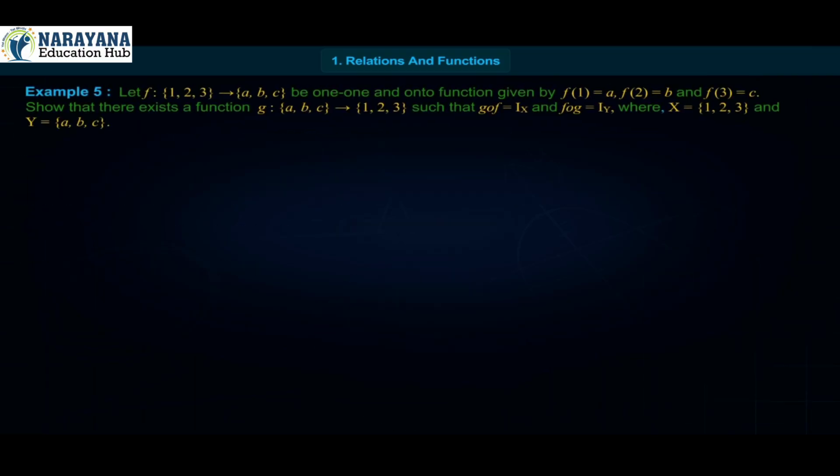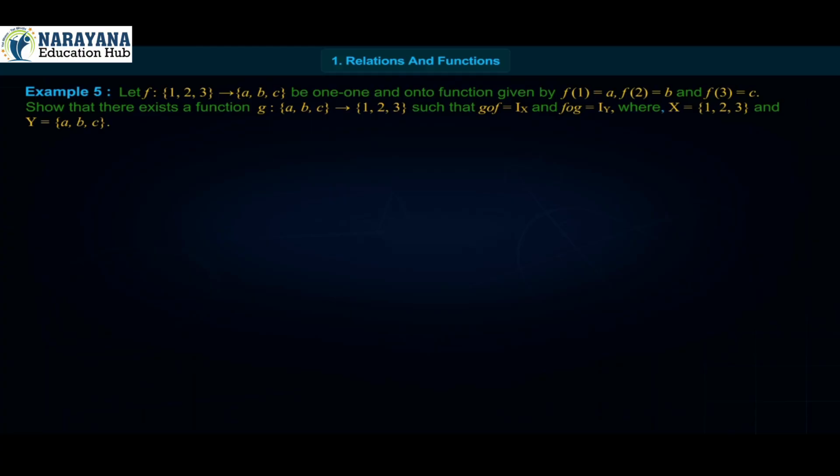Let F from set of 1, 2, 3 to set of A, B, C be a 1-1 and onto function given by f of 1 is equal to A, f of 2 is equal to B and f of 3 is equal to C.